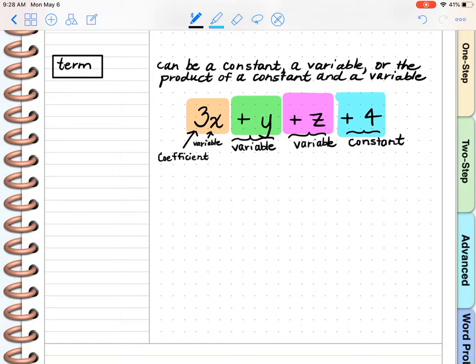Let me go ahead and give you the coefficient definition while we're looking at that example. Coefficient is a number being multiplied by a variable.